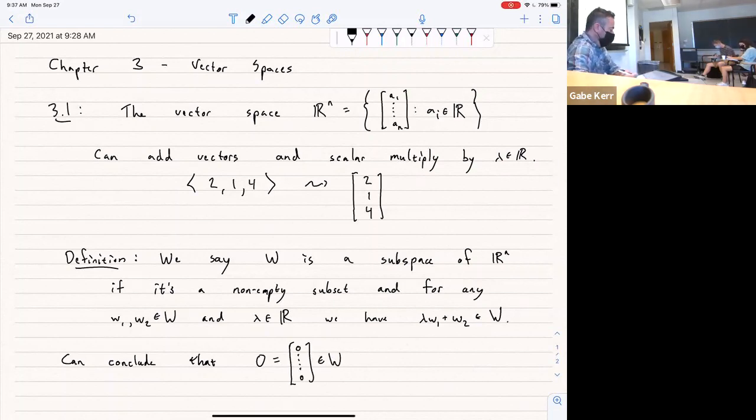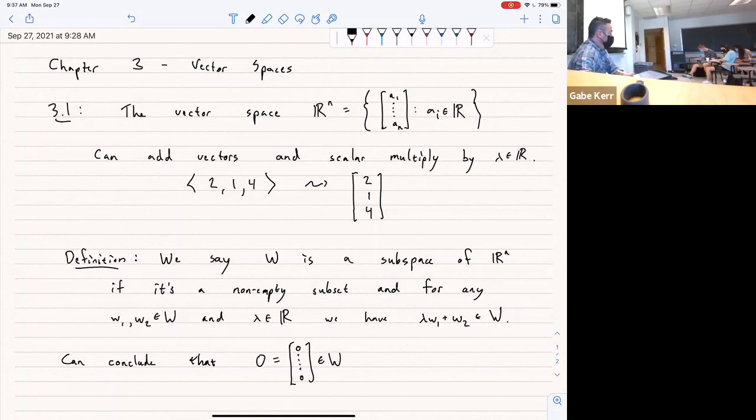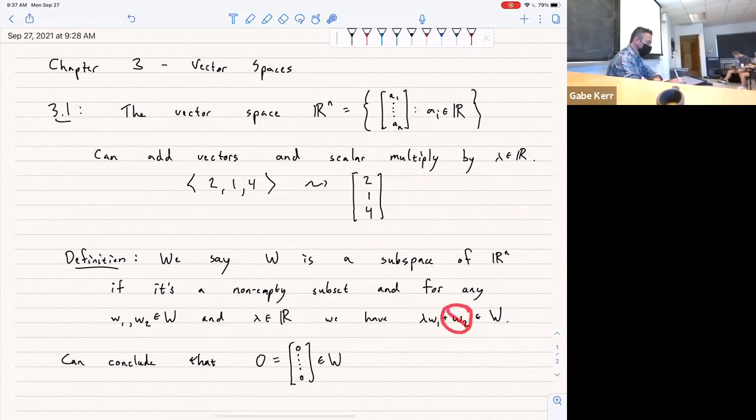You can multiply -1 times W and then add it to W, and you'll get zero in it. And of course, you can see that negatives are in it, and if you have a vector, any scalar times that vector is in this subspace, because if zero is in it, take W2 to be 0, and you see that any scalar times something is in it.